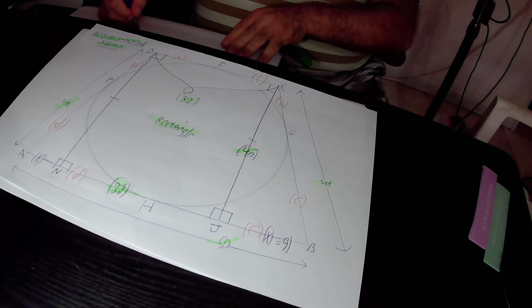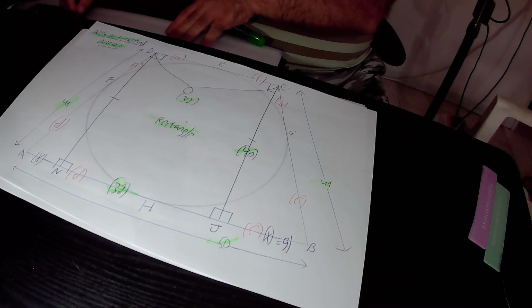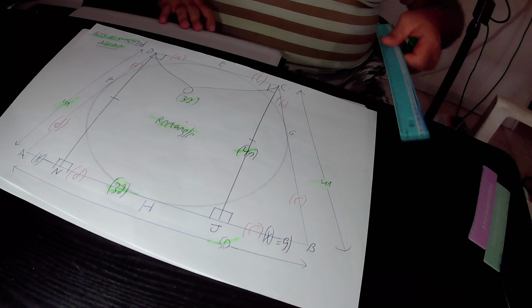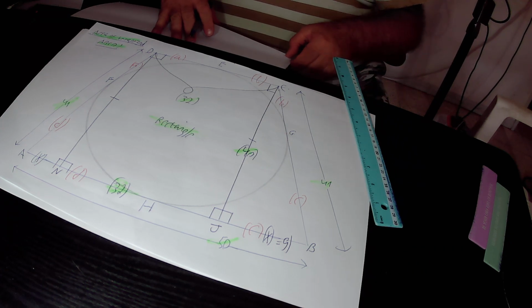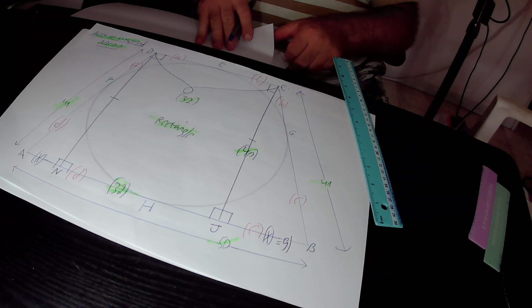The area of trapezoid ABCD equals DC plus AB, the sum of its two parallel bases, times the height CJ, over 2.